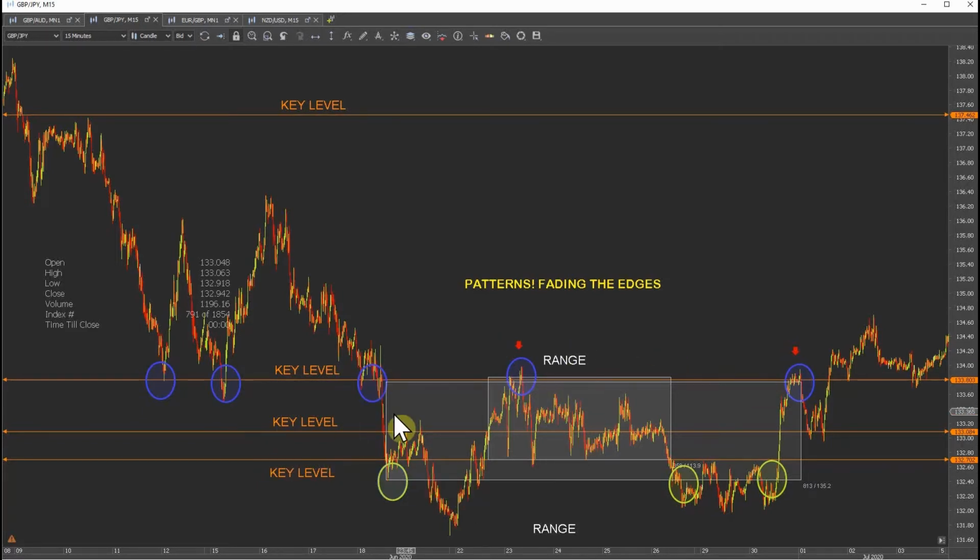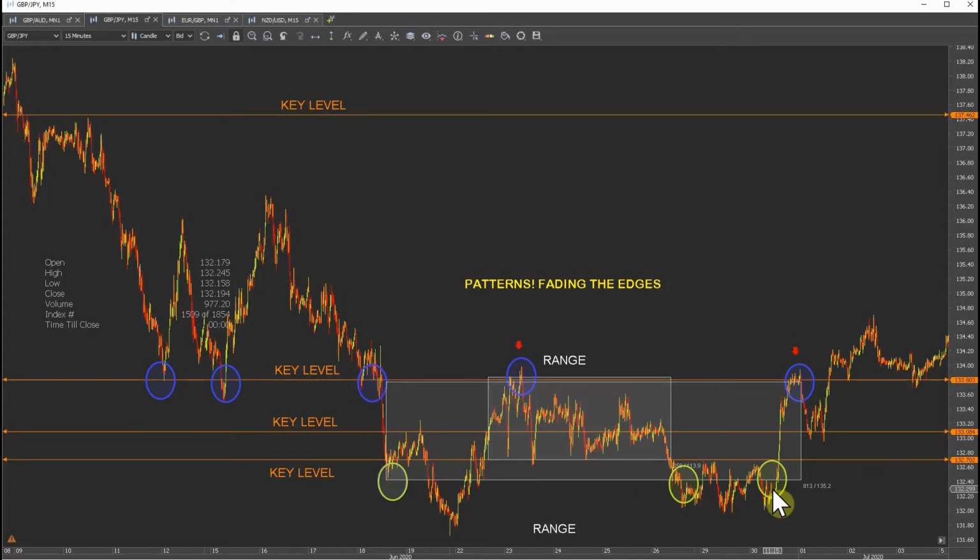So bears, when you gap and fade the move, you're waiting for a pullback, for a retest of resistance, and bulls wait for a fade back, for a buy, for a retest of support. Okay, so to fade the edge of the range just means you're going to fade the edges of the range.